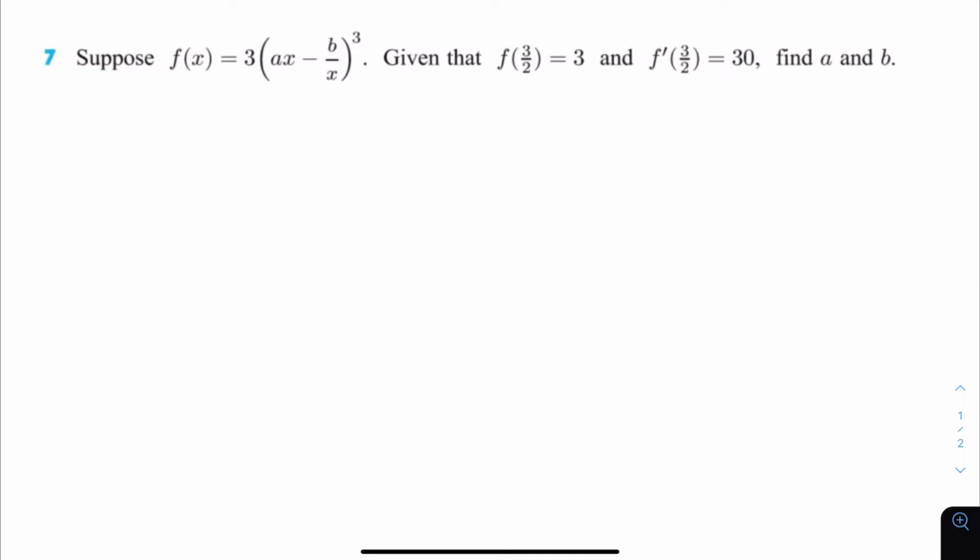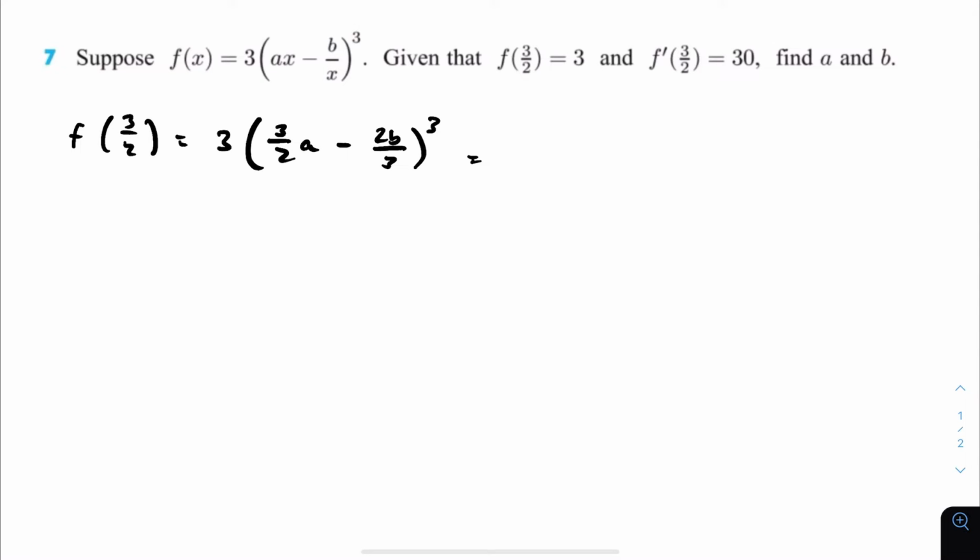Given that f(3/2) = 3, we just substitute 3/2 everywhere, so b over 3/2 just becomes 2b over 3, cubed. And this is equal to 3.